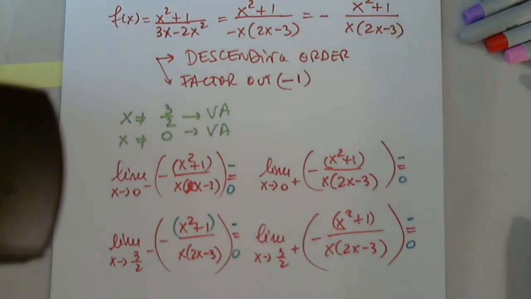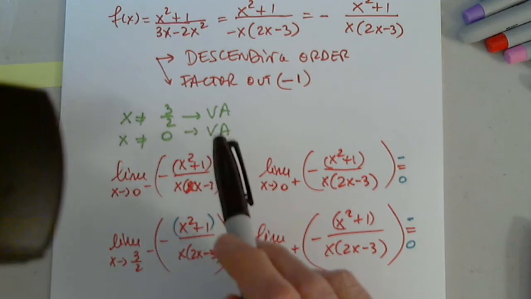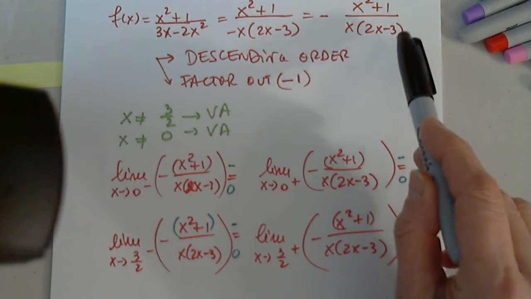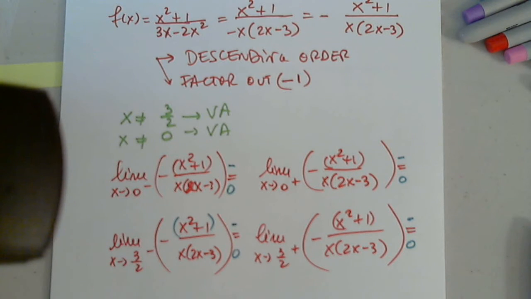Anyone? Any questions? So where does the 0 come from? Didn't we say that when the denominator is 0, we get x equals 0 and x equals 3 halves? How did we get these? Oh, from them not existing, or from them being asymptotes. No. The vertical asymptotes come from the fact that the denominator cannot be 0.